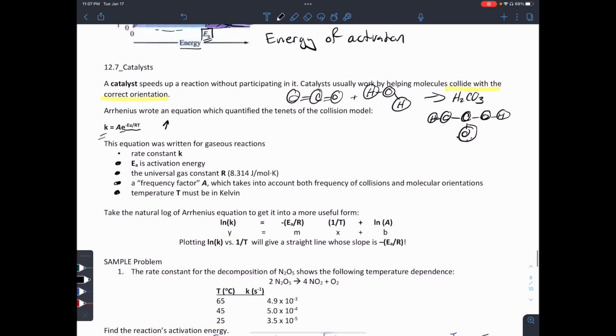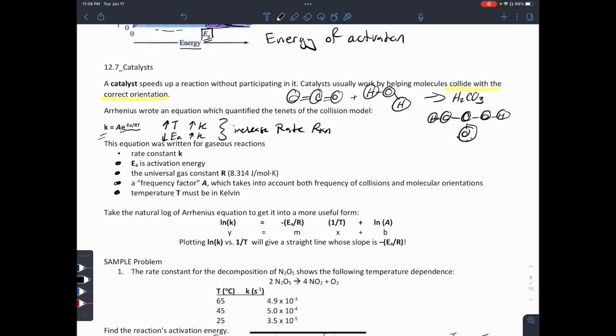So we know that when you increase temperature, of course, you increase K and therefore the rate of the reaction. And when you decrease the activation energy, then you increase K or the rate of the reaction. Both of these things increase the rate of the reaction.